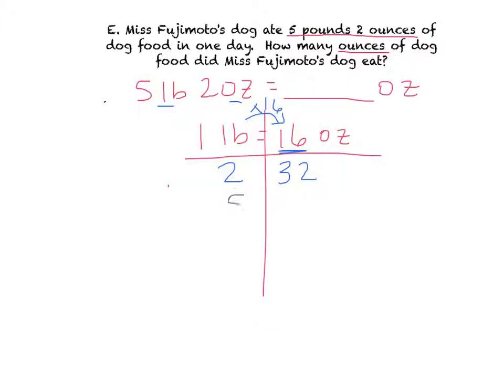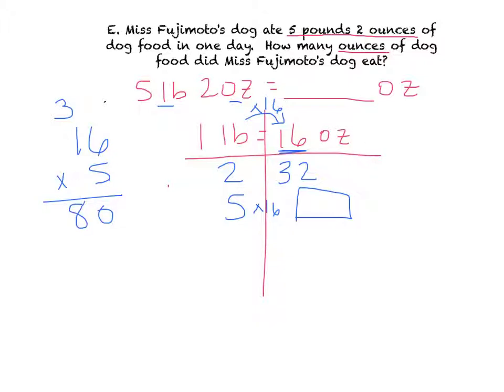So if I have 5 pounds, I'm going to do 5 times 16 to figure out how many ounces. 16 times 5. 6 times 5 is 30. 5 times 1 is 5, plus 3, 6, 7, 8. So I've got 80 ounces. So that takes care of the 5 pounds.